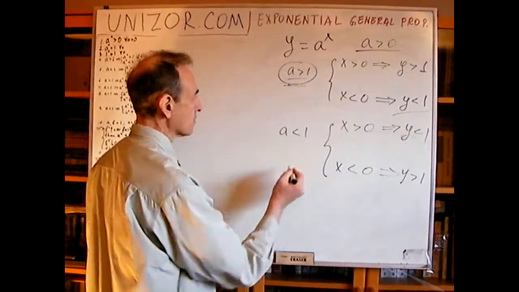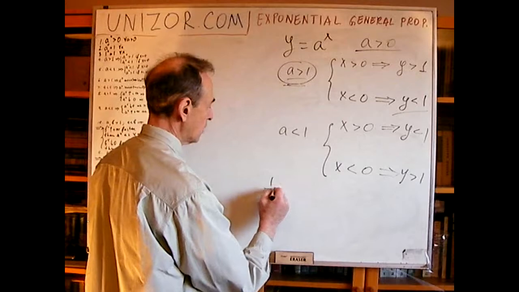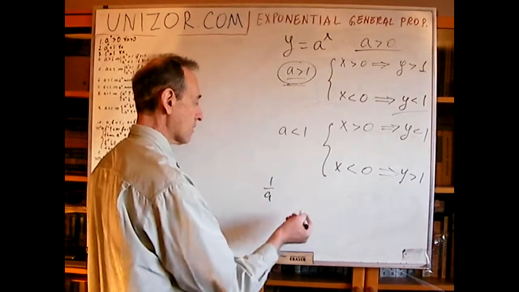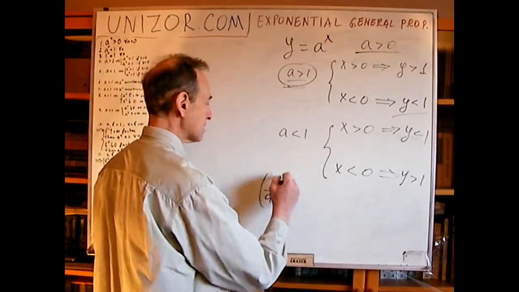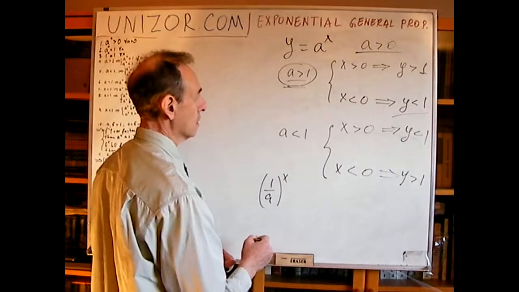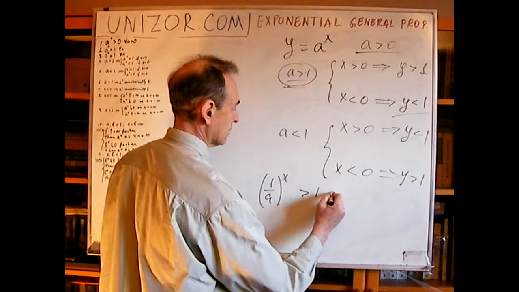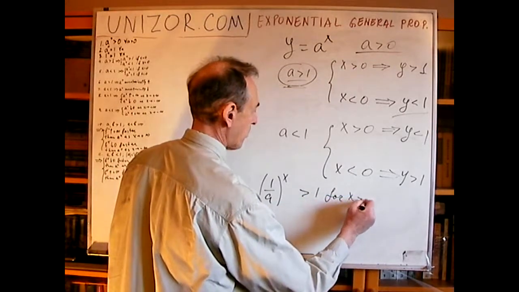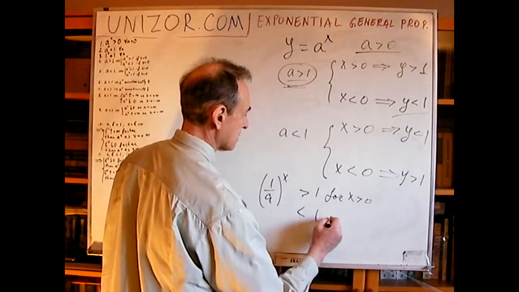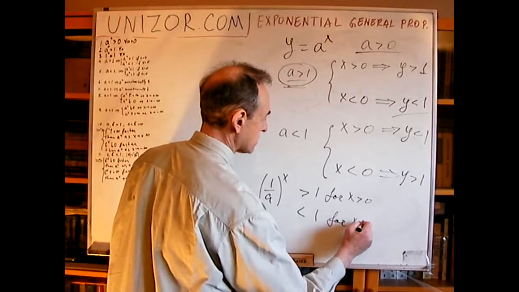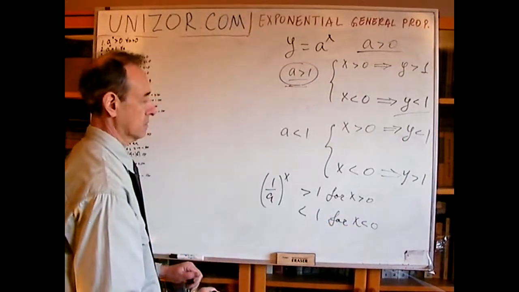Because if a is less than 1, then 1 over a is greater than 1, right? So this to the power of x would be greater than 1 for x positive, and would be less than 1 for x negative, right?